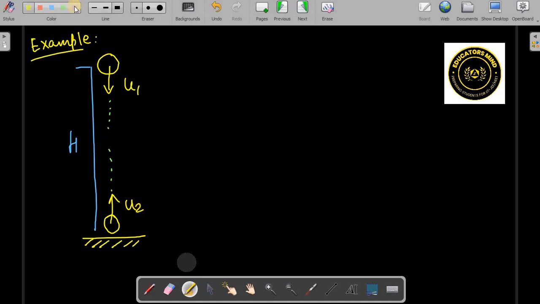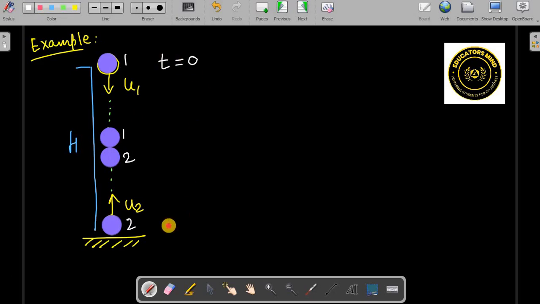Certainly they are going to meet somewhere. The upper one is the first ball, the lower one is the second ball. We are projecting both of them simultaneously. At what height and at what time are they going to collide?